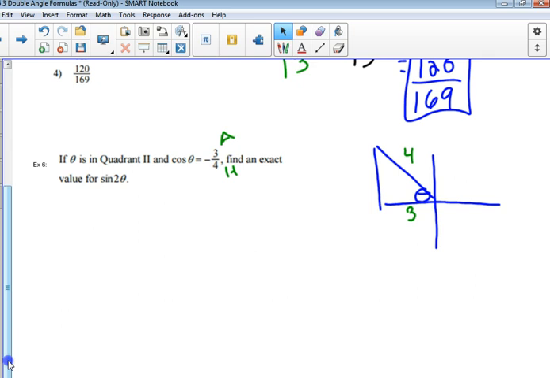So yes, you've got to use the Pythagorean theorem here a little bit. I think we're getting this radical 7.